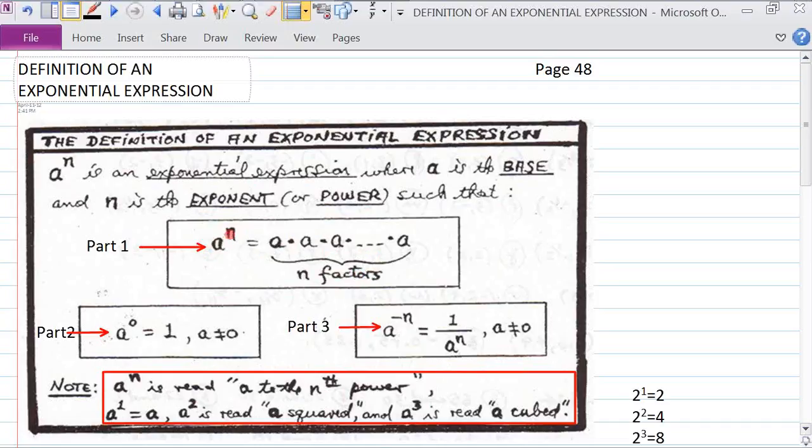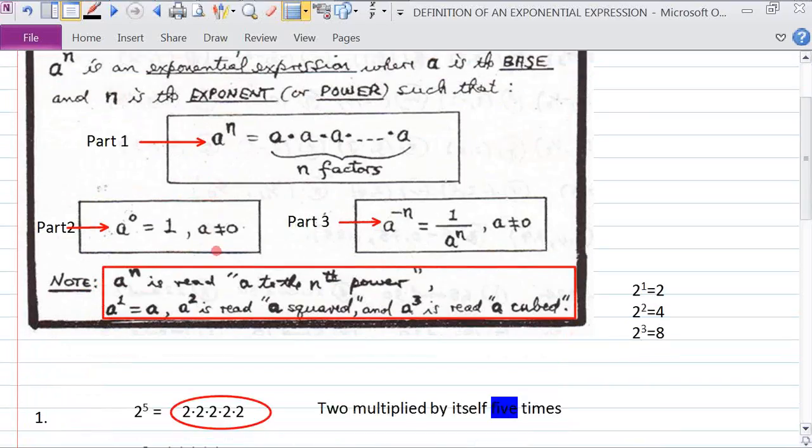So if this is a to the fifth, we would write a times a times a times a times a, five times. If we have a to the 3, that's an exponential factor. We multiply a times itself 3 times. So that gives you a little bit of an understanding.